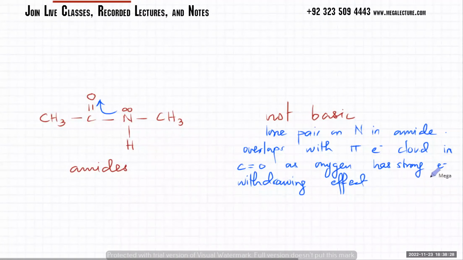So since it's got a very strong electron withdrawing effect, charge density decreases on the lone pair, बल्कि simple वो lone pair is therefore not available to accept H plus one ions. It doesn't decrease, it's just not there, ठीक है.